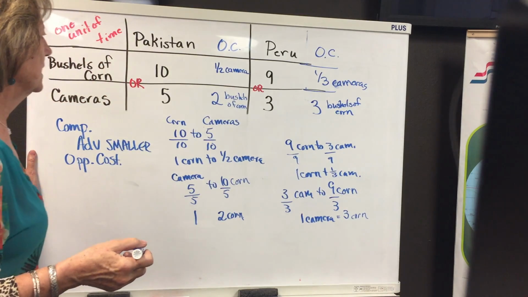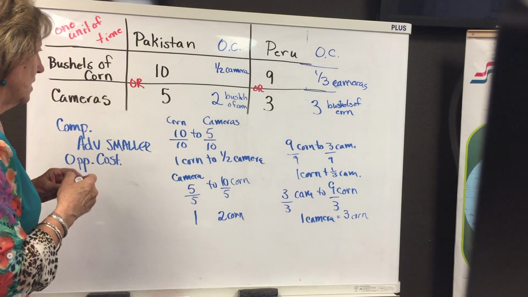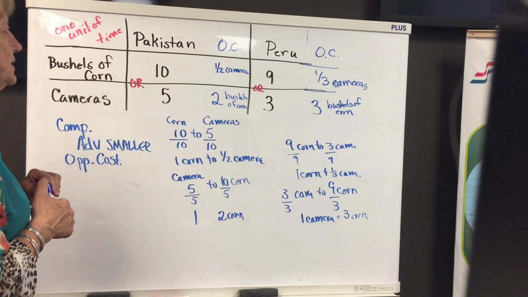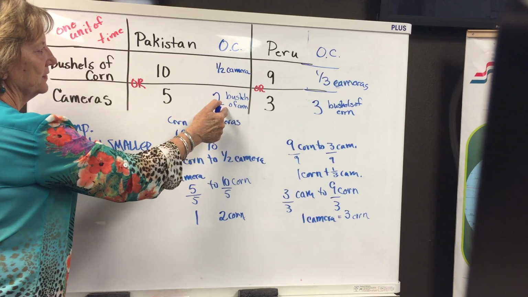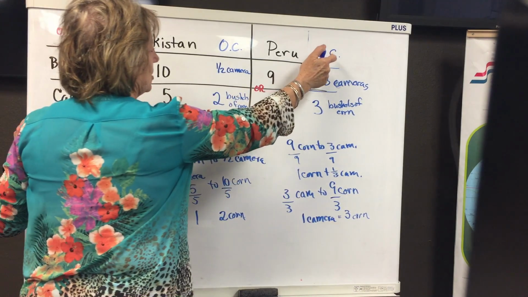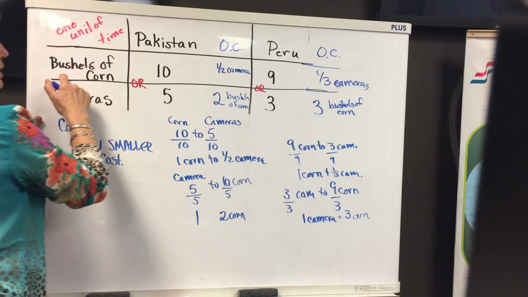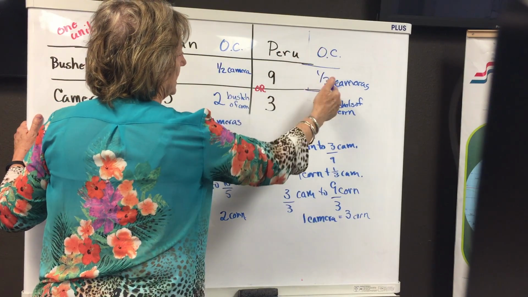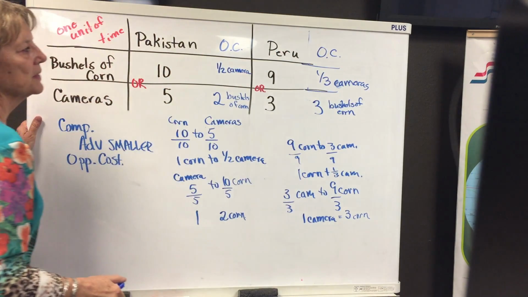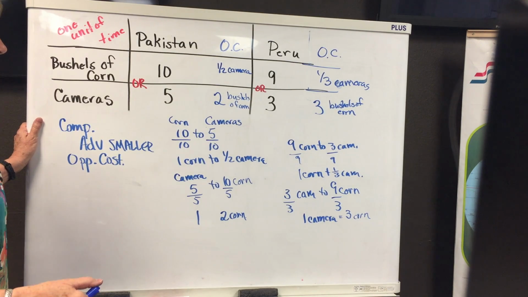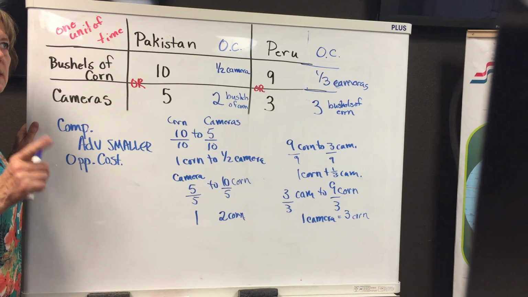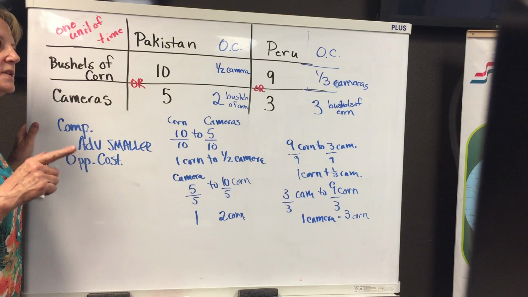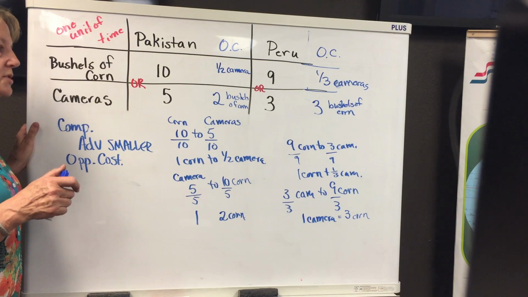So if it asks you on your exam, what is the opportunity cost of cameras in Pakistan, you can come right here and find that. What is the opportunity cost of corn in Peru? You can come right here and find that. It's 1/3 of a camera. And if it's asking you who has the comparative advantage, the operative word for comparative advantage is that it must be the lower opportunity cost, which means the smaller number.